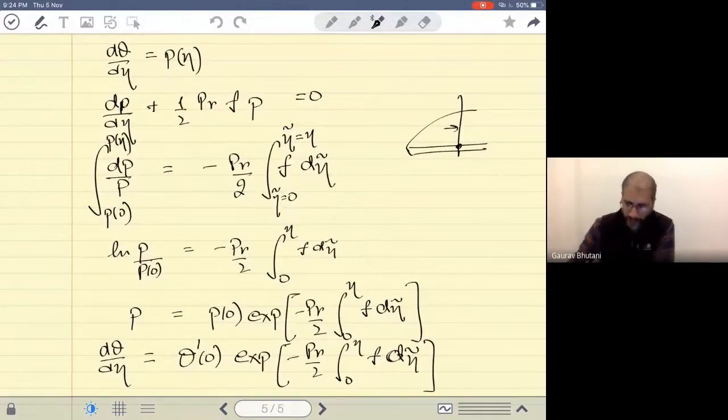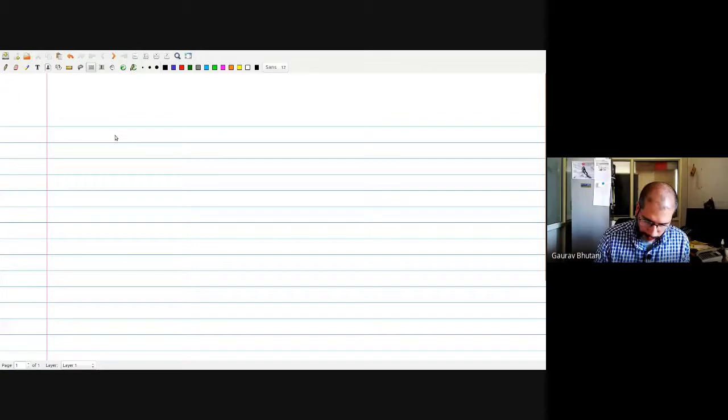Okay, so now we have to integrate this again. So let's write that again. So p, which was nothing but d theta by d eta, was found out to be theta prime at 0 times the exponential.